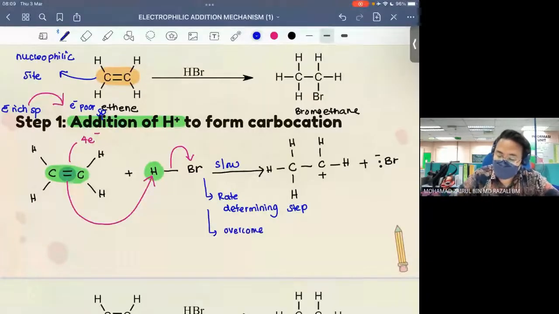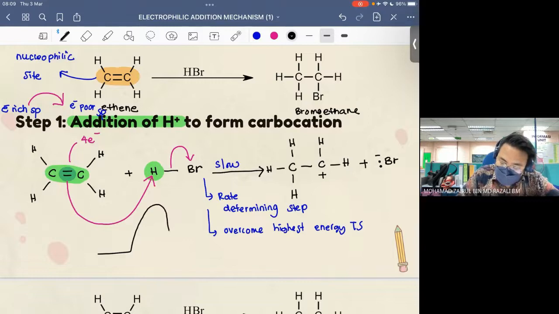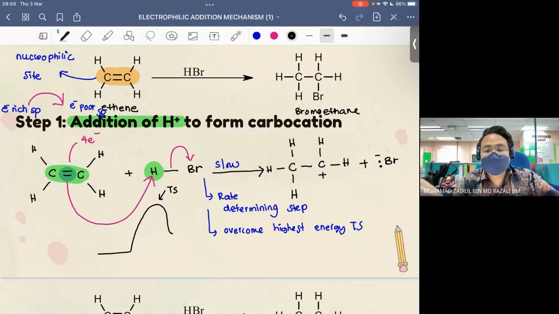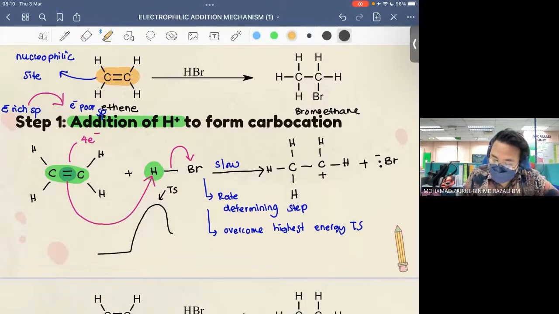Transition state tu kalau kita recall balik, kalau kita buat energy profile diagram, normally the highest point itu kita panggil dia sebagai transition state. So kalau kita nak form carbocation, kita kena overcome dulu highest energy transition state tu. That's why lah step itu adalah slow step, dan step itu kita panggil dia sebagai rate determining step.